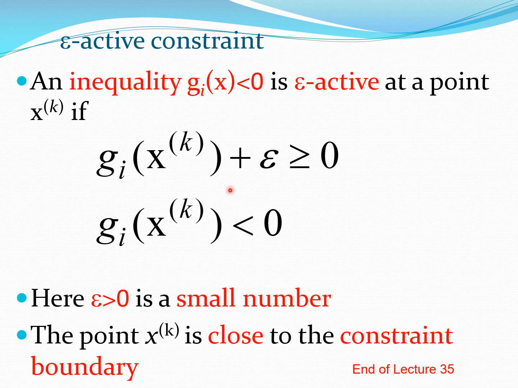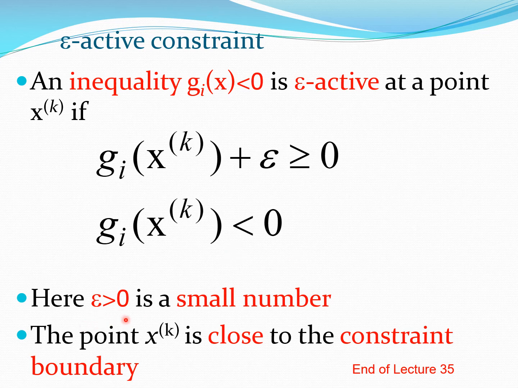So let us say we specify some small number epsilon here. And so this particular constraint g_i(x) less than 0 is epsilon active at a point xk if the following two conditions hold. That means g_i(xk) plus this small number is greater than or equal to 0, so there is a violation, but g_i(xk) is less than 0.